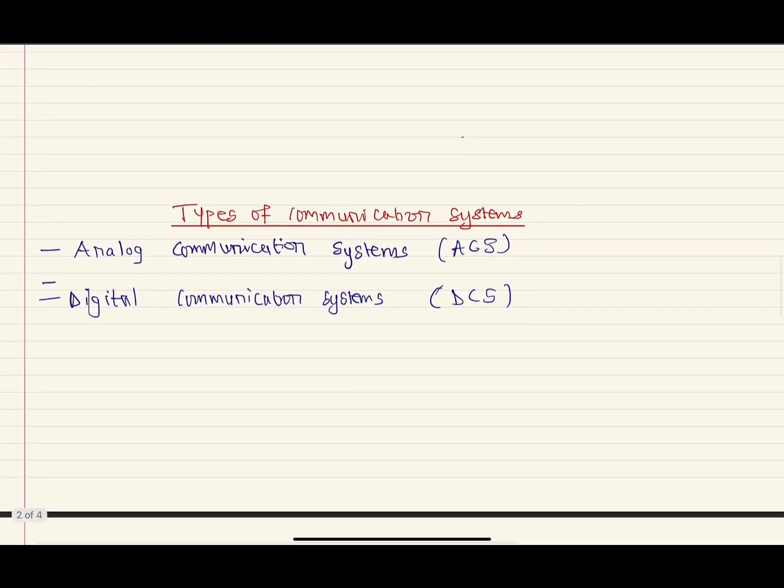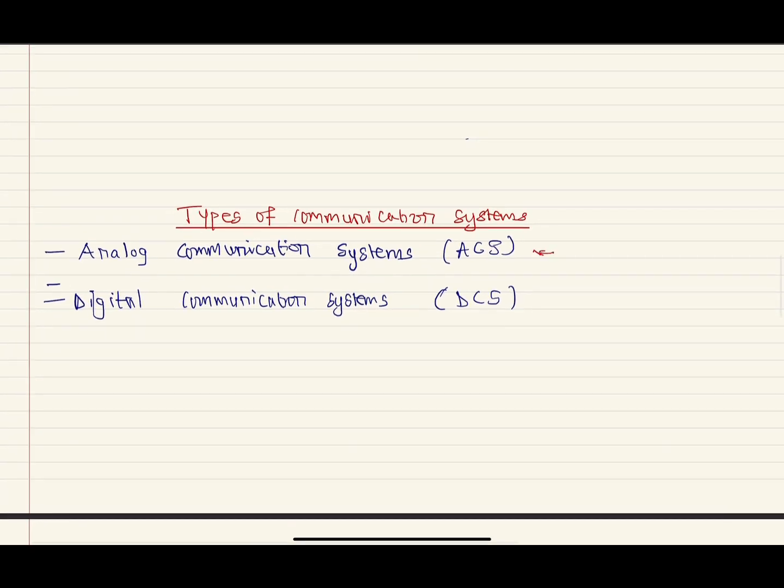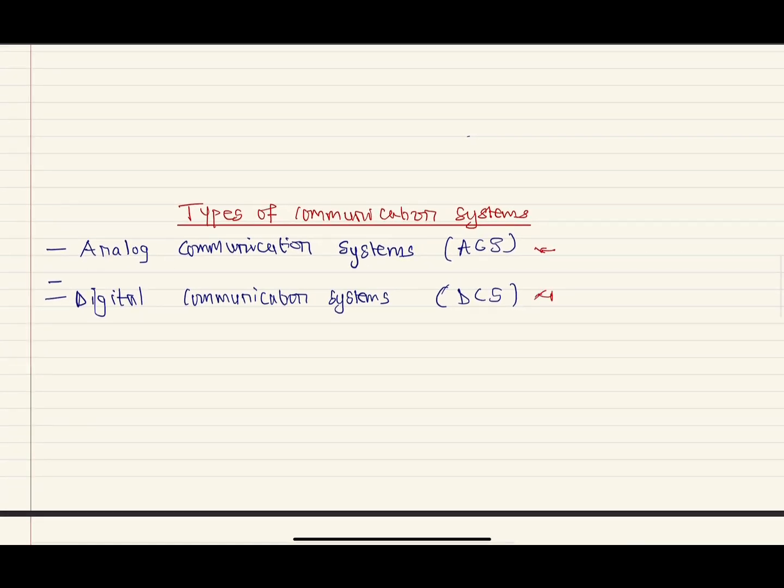Now, let's look at types of communication systems. Communication systems are classified into two types, which are analog communication systems and digital communication systems.